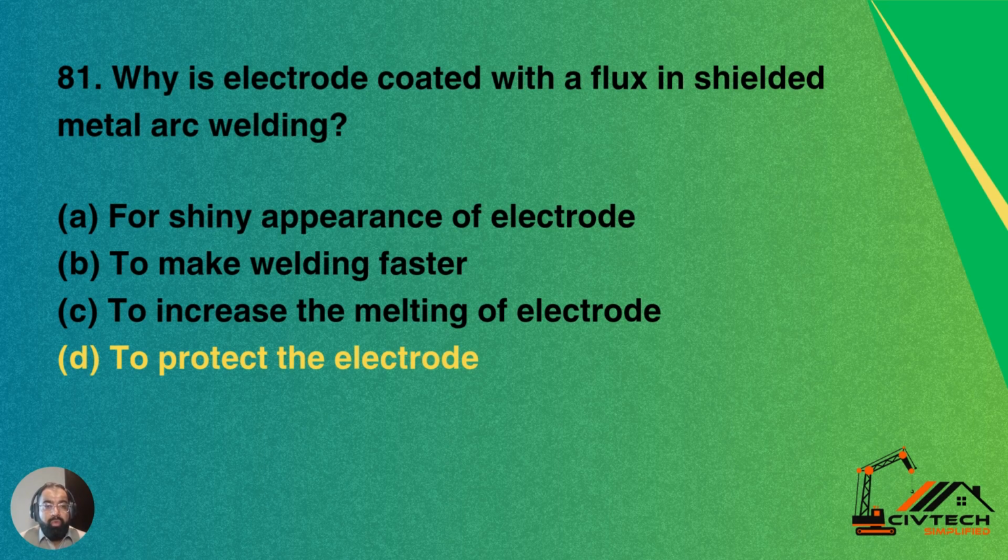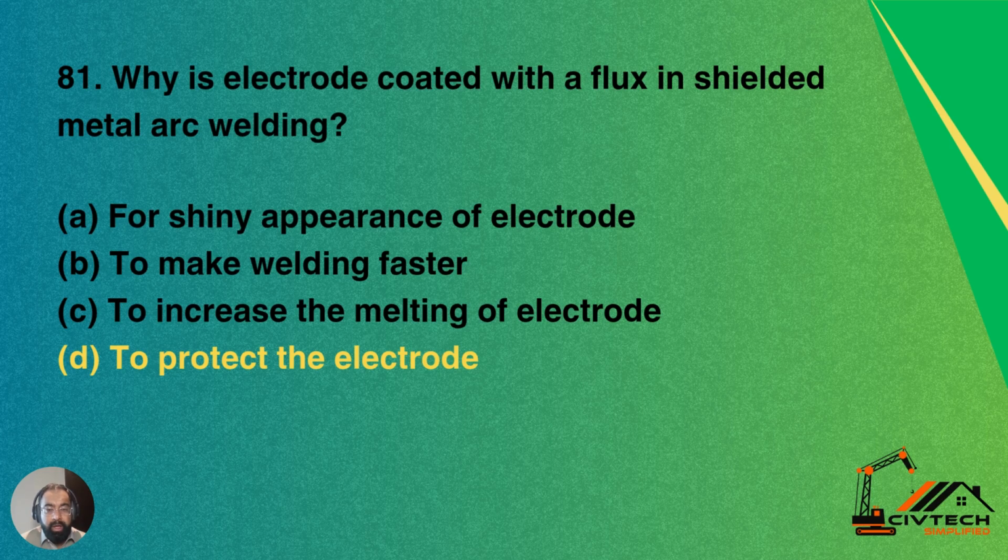Question 81. Why is electrode coated with a flux in shielded metal arc welding? Option A, for shiny appearance of the electrode. Option B, to make welding faster.